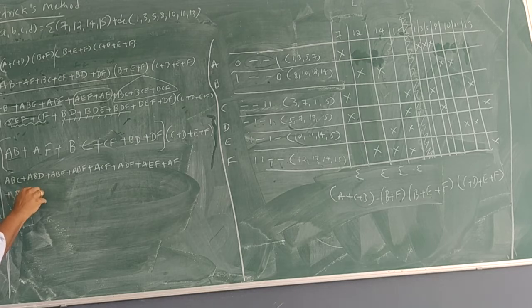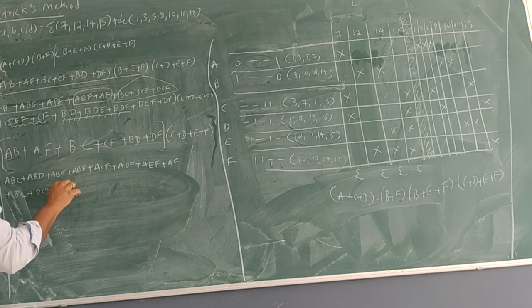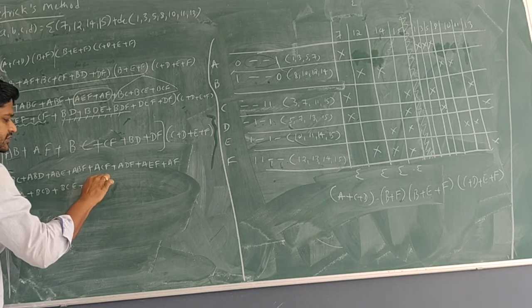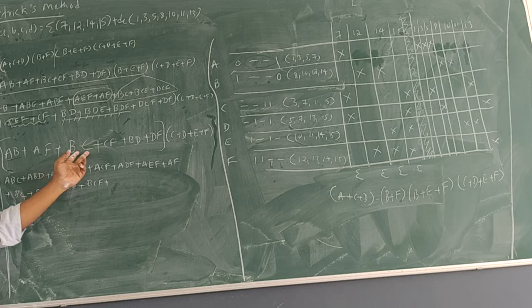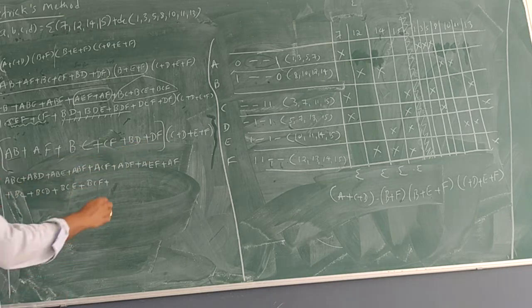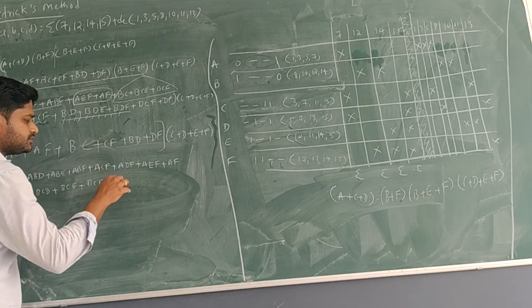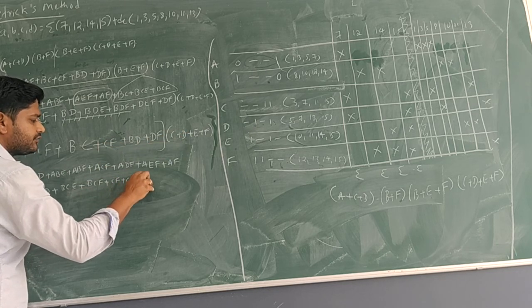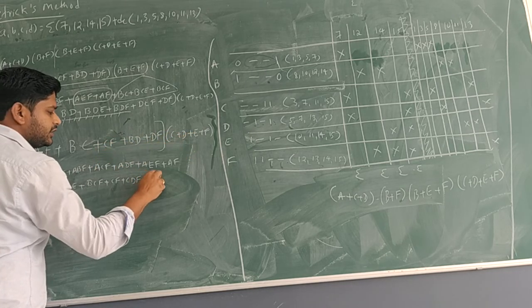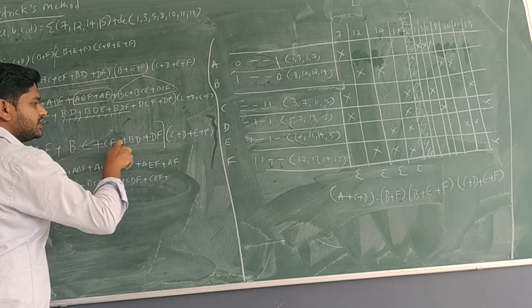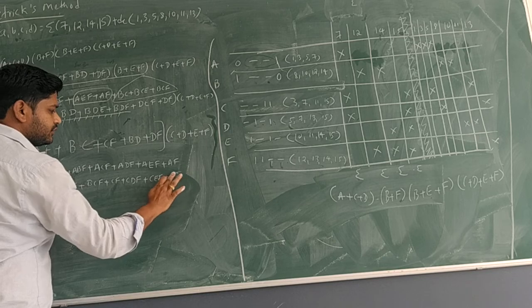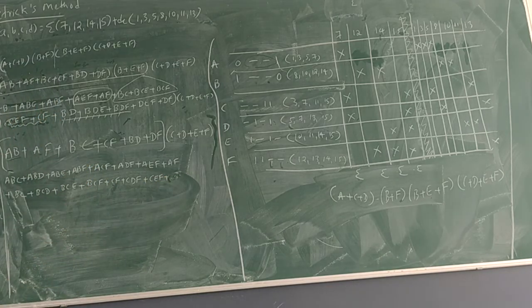BC into D, BCD. BC into E, BCE. BC into F, BCF. CF into C, one time CF. CF into D, CDF. CF into E, CEF. CF into F, again CF, we have already written. Okay, next.